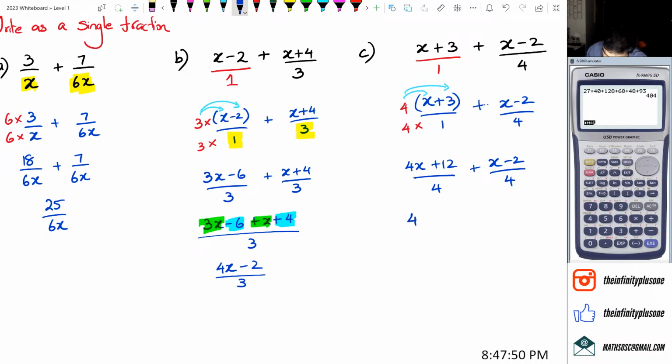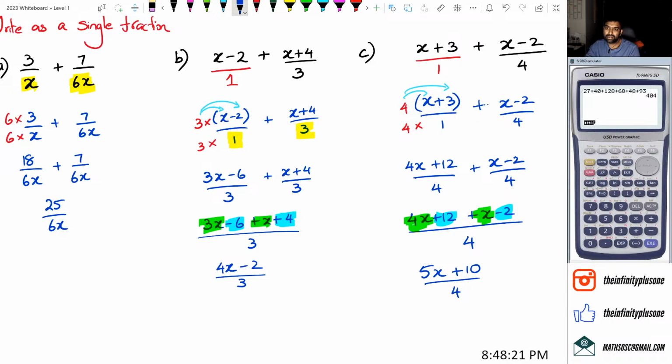Combine it. So I've got 4x plus 12 plus x minus 2, and the whole thing is over 4. Then I'm looking at 4x plus 1x, which is equal to 5x. Then I've got 12 minus 2, which is equal to 10, so 5x plus 10 over 4.